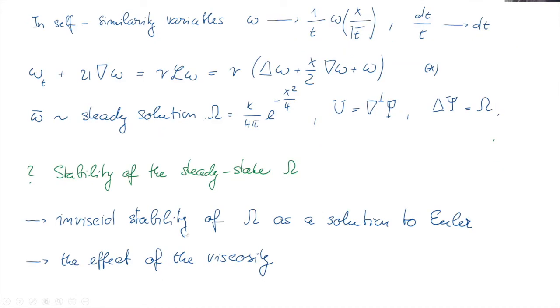So if we again go to the self-similarity variables as before, corresponding to the vorticity, then the heat kernel will just become a steady state Gaussian. It will become a time-independent Gaussian. And if you want to look at the stability of this steady state, it's natural to look at it in connection with the uniqueness and well-posedness issues which I've been discussing.